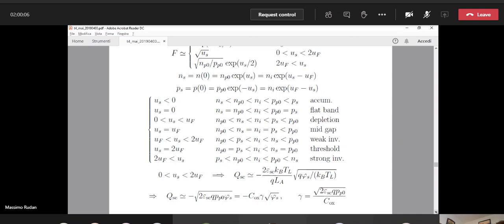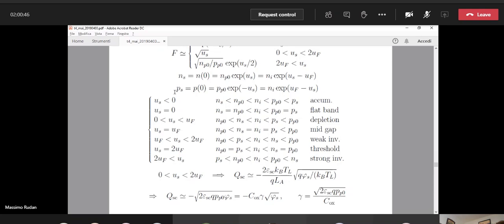And of course, we calculate them from the exponentials by using phi s or US in the exponent, okay? Conclusion, the concentration of the electrons at the surface is NS, that is NP0 exponential of US, or if we consider the alternative expression that you remember, the intrinsic concentration times the exponential of US minus the normalized Fermi level.